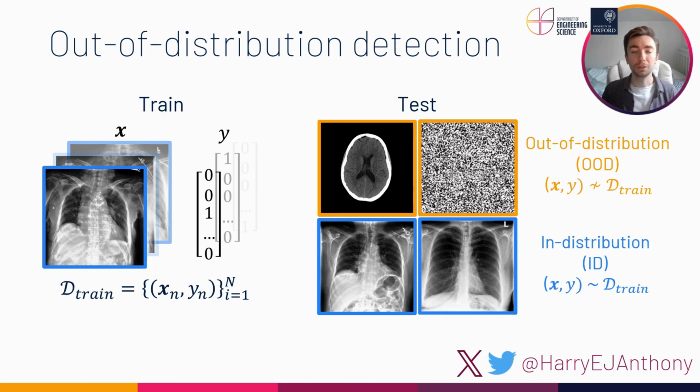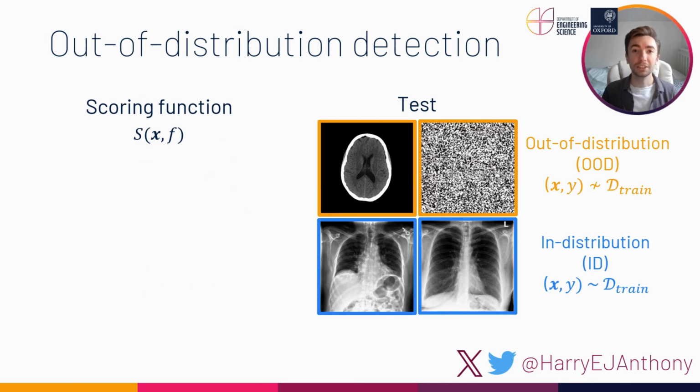Most of these images will be from the same distribution as the training data, which we call in distribution, or ID. However, the model may encounter images that differ significantly from the training data, which we call outer distribution, or OD. It's been observed that outer distribution inputs can cause the network to give erroneous predictions. So in a clinical setting, we want to detect these and then defer decision-making to a human clinician.